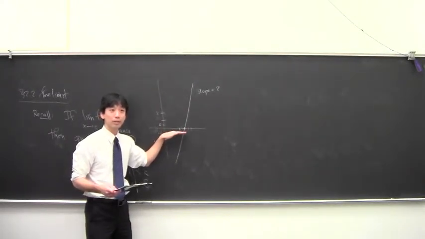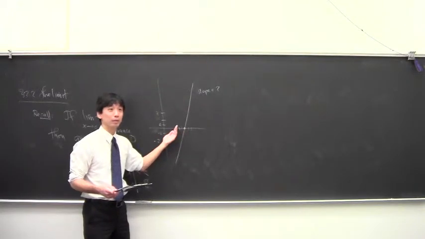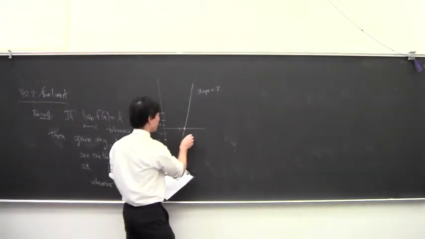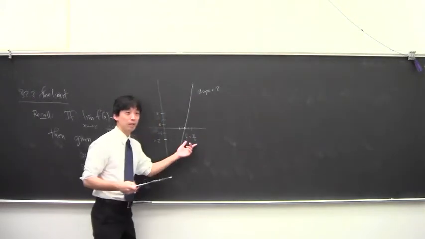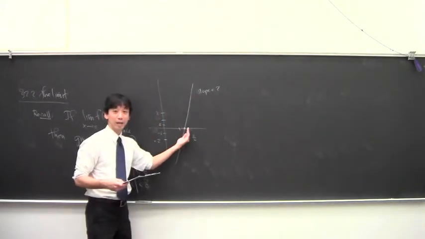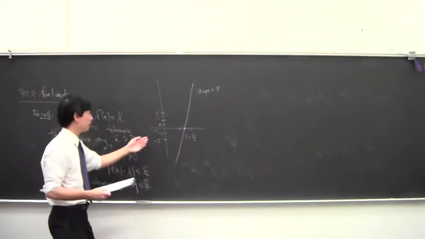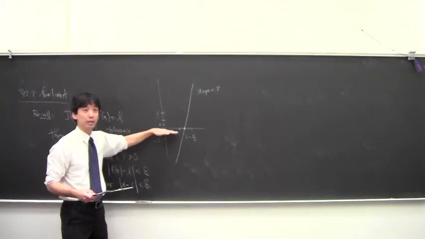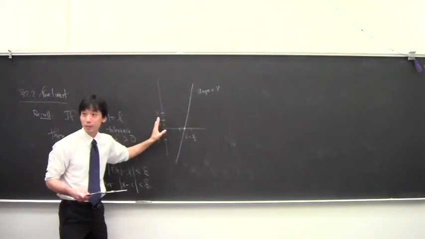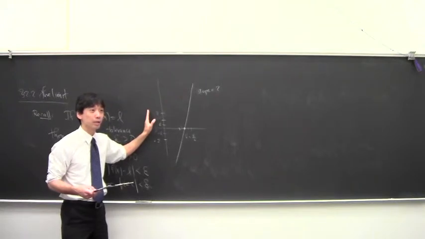Well, what's the answer? Half of epsilon. You can take your delta to be half of epsilon, and as long as you stay within half an epsilon of here, your output will stay within epsilon. Everyone following this? This is the key.